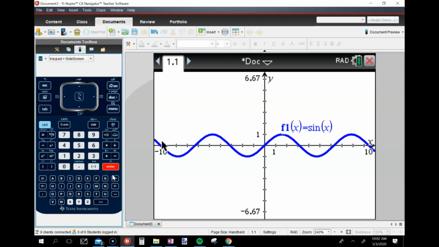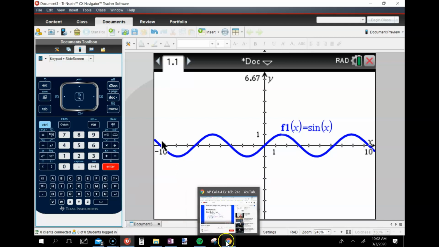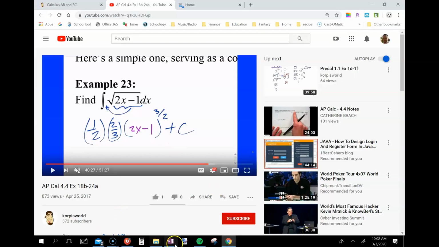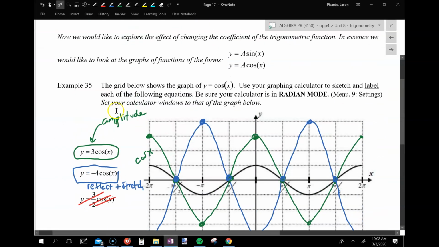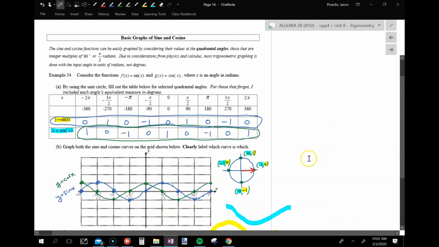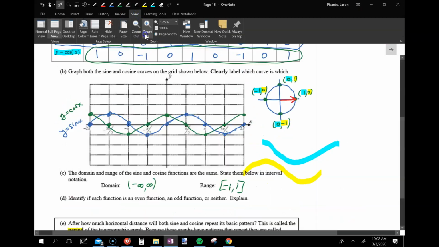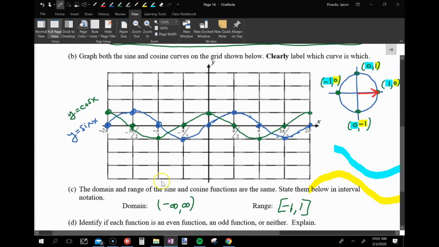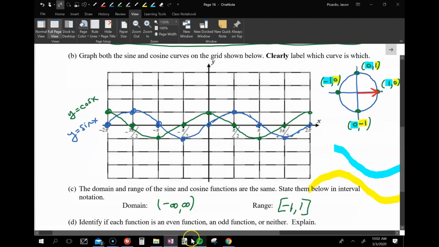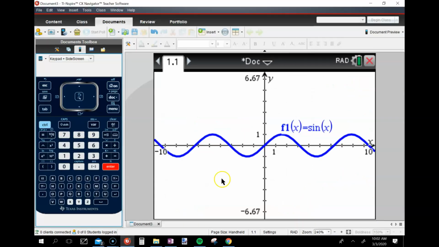Sine of x, and you get this, right? And you get this. But I want you to look at our sine of x on the previous page. Sine of x was in blue, right? Does our paper look exactly the same? Well, it looks pretty much the same, doesn't it?